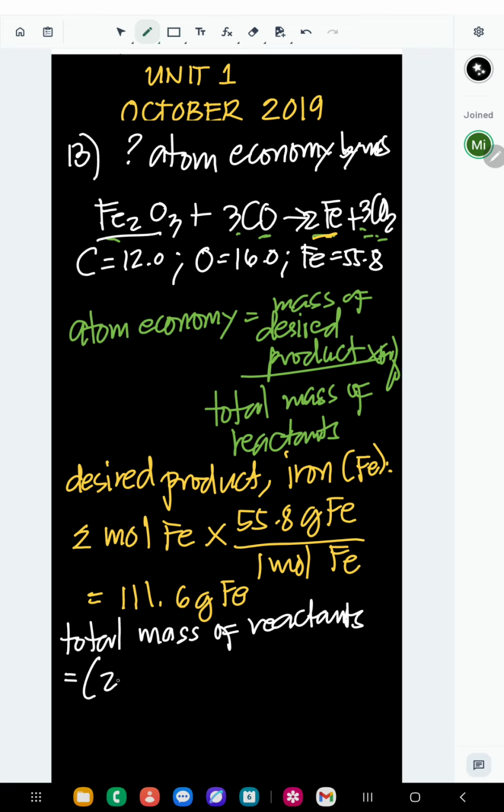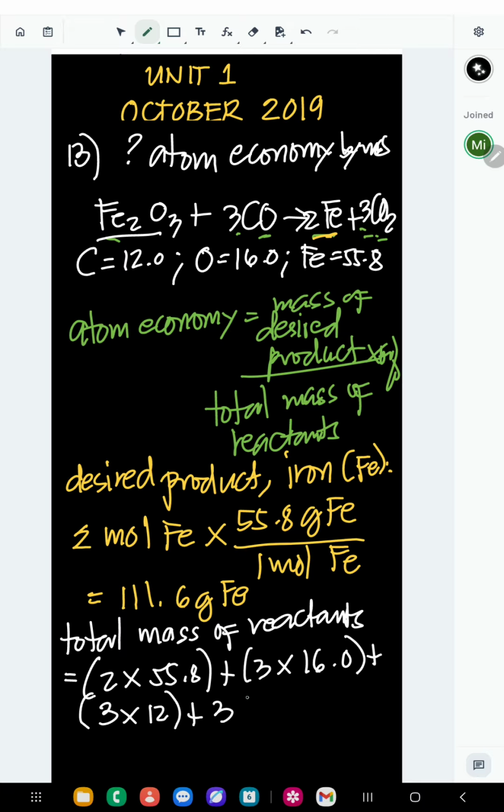This is just 2 times the molar mass of iron, which is 55.8, plus 3 times the molar mass of oxygen, which is 16, plus 3 times the molar mass of carbon, which is 12, plus 3 times the molar mass of oxygen again. So this gives us a total mass of 243.6 grams.